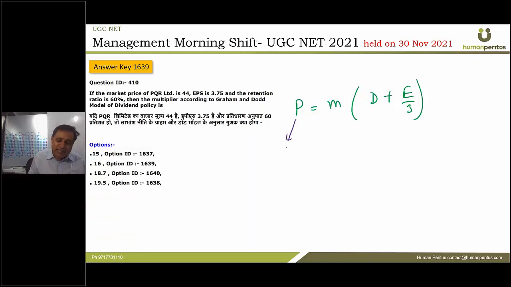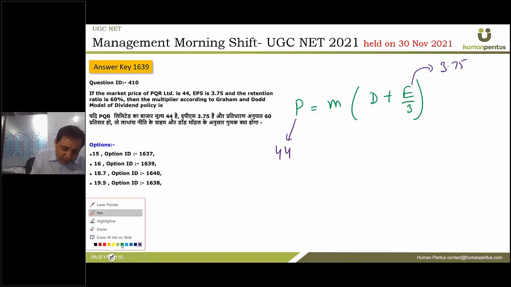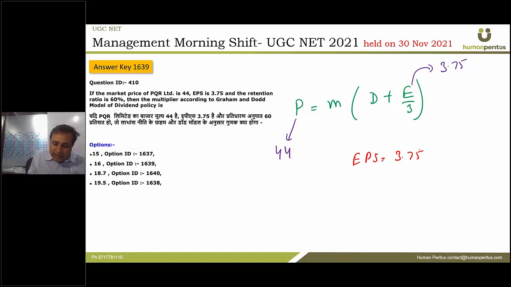The price is given to us, which is 44 rupees, and earning per share is also given, which is 3.75. Now D is not given to us, but it is given that my retention ratio is 60%. Because retention ratio is 60%, the dividend ratio will become 40%. So my dividend will become 40% of 3.75, which comes out to be 1.50.